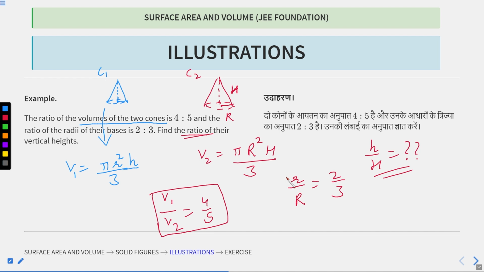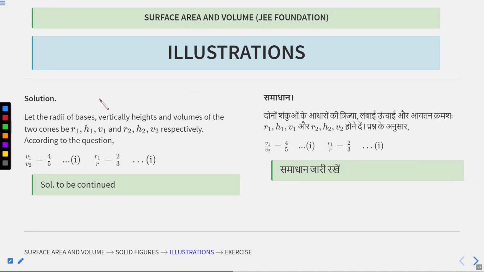So let's see how we are going to approach. Here the terms are different, but the approach is the same. So we are taking R1, H1, V1 as the radius, height, and volume for cone 1, and R2, H2, V2 as the radius, height and volume for cone 2. I hope this is clear.